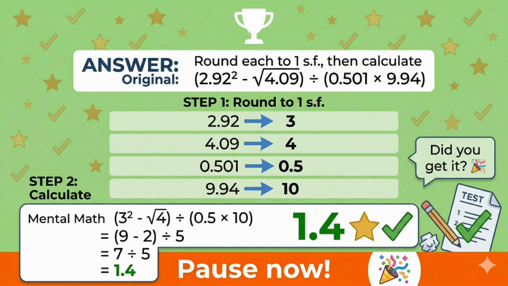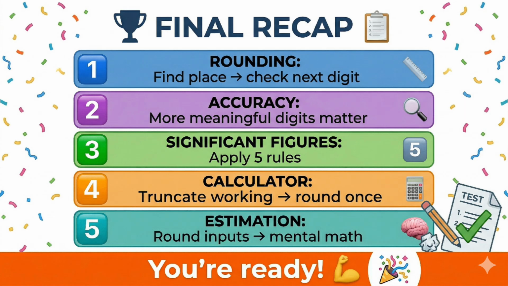Estimation is a powerful skill once you practice it. Let's recap everything in 5 quick points. 1. Rounding. Find the place, check the next digit, round up or down. 2. Accuracy means more meaningful digits, not just more decimal places. 3. Significant figures. Know the 5 rules and always start counting from the first non-zero digit. 4.